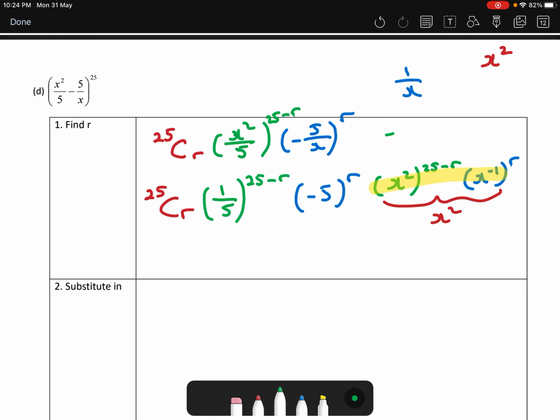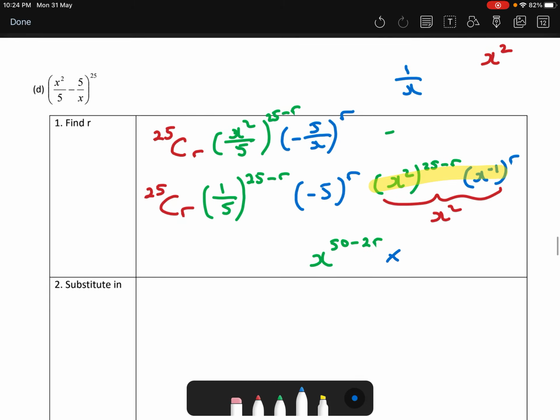Okay, so now we form the equation. So x 50 minus 2r multiplied by x minus r equal to x squared. So manipulate some more. X 50 minus 2r plus negative r equal to minus 3r equal to x squared.